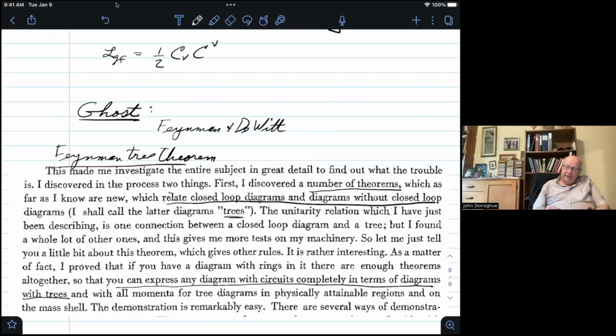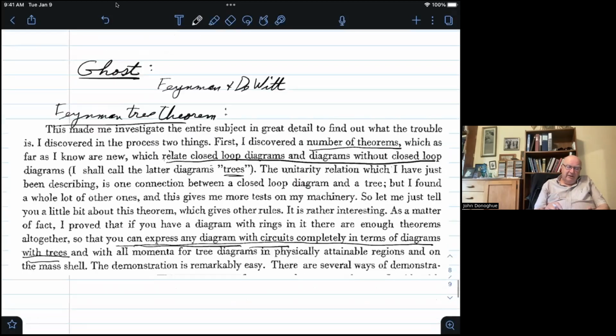So these are the trees. And by unitarity, you can connect these two diagrams. This is the basis of a modern technique, which is unitarity-based quantum field theory, where you use tree level diagrams to construct loop diagrams, and you can express any diagram with loop circuits in terms of diagrams with trees. And that's great because we know how to do tree diagrams, and it's easy to do tree diagrams. So that's statement number one.